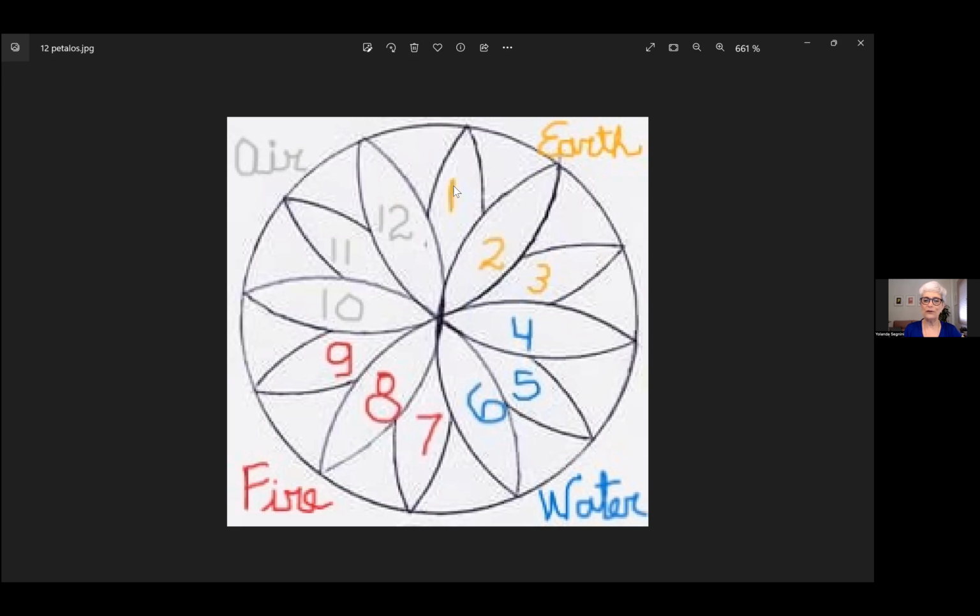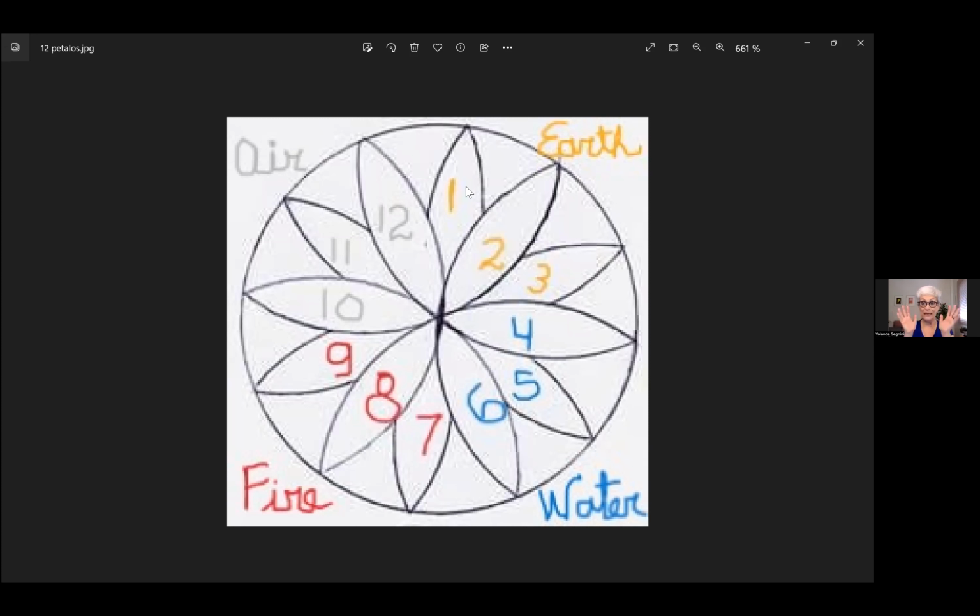So when we talk about the first petal of the soul, we are talking about the earth element, the first petal of the earth element. And this petal is responsibility.